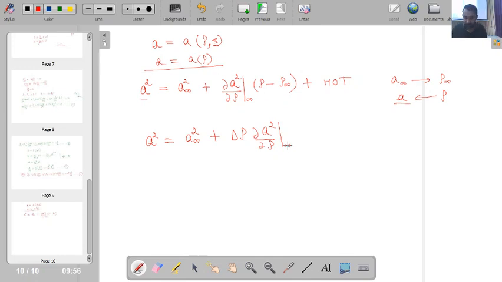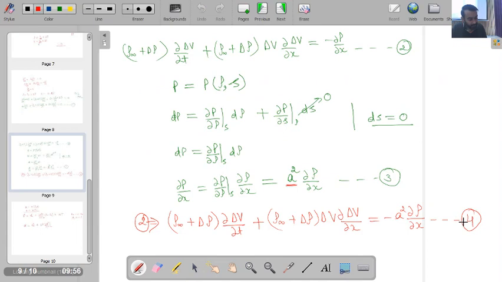Fine. So now I will make this substitution in equation number 4. Here in equation number 4 I have A square into del rho by del x, so in place of A square I will write this particular formulation.